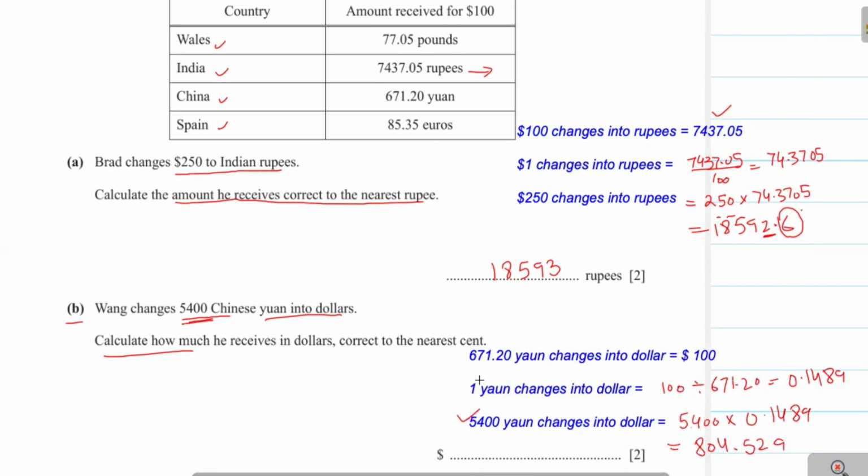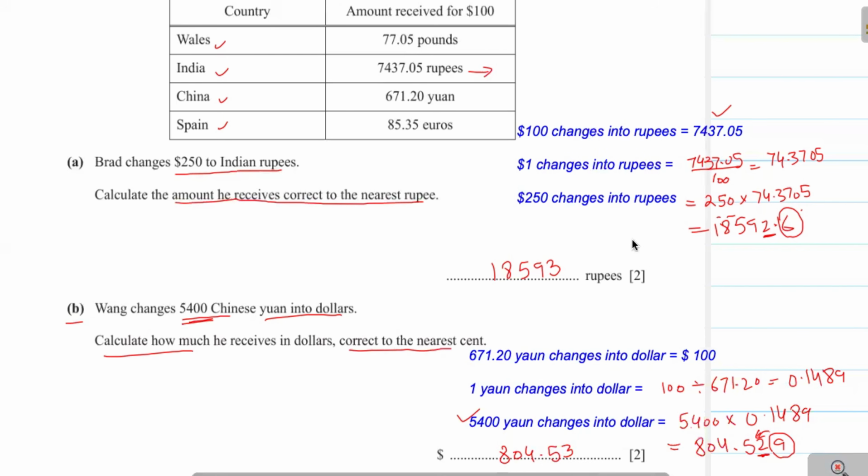Now you see here we have to find the answer correct to nearest cent. Now the nearest cent is 52 cents, but the neighboring digit is more than 5, therefore it becomes 53. Now we write here 804.53 dollars is the answer.